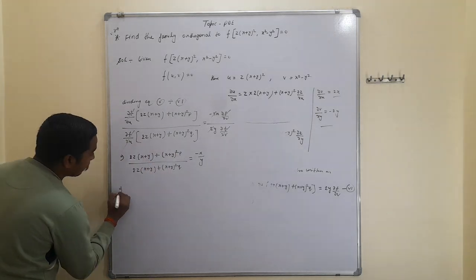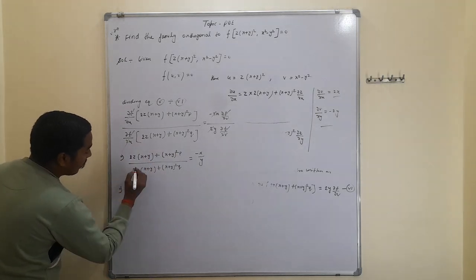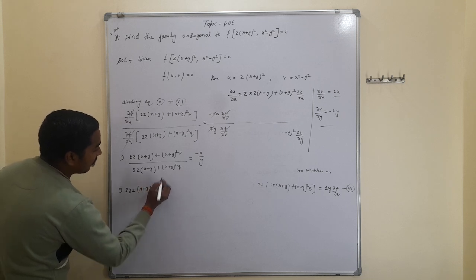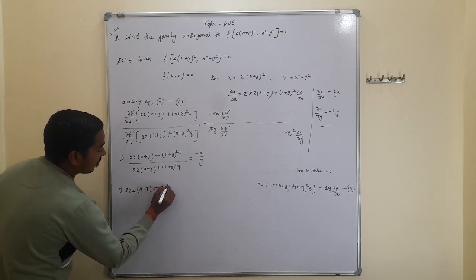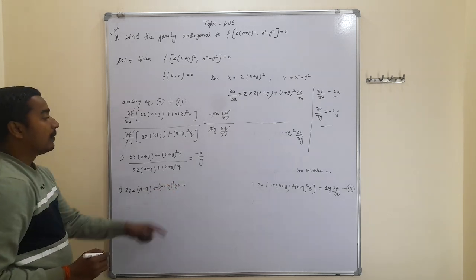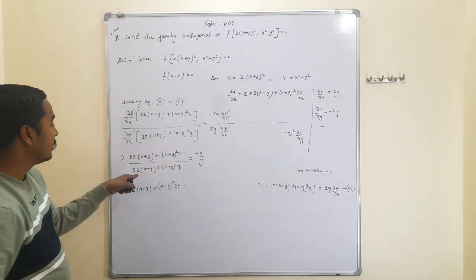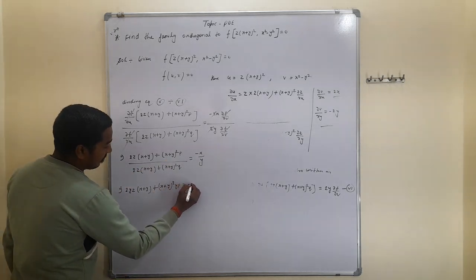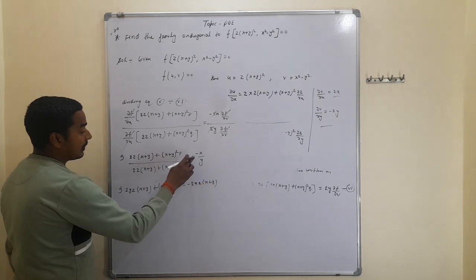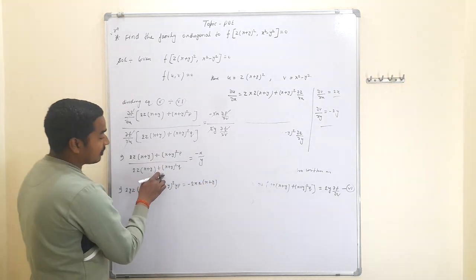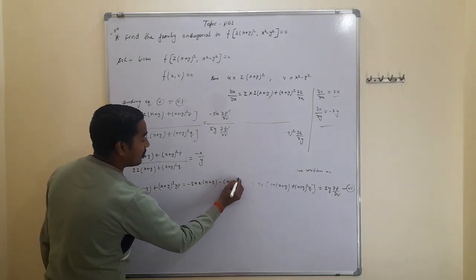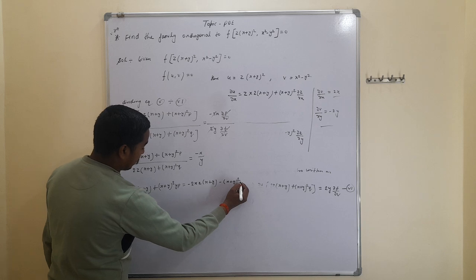This is given by 2yz into (x plus y) plus (x plus y) whole square into yp is equal to, cross multiplying minus x, minus 2xz into (x plus y), and minus (x plus y) whole square into x cube.